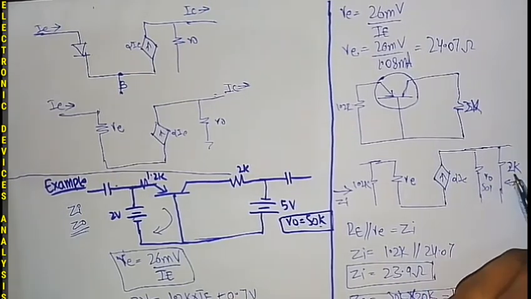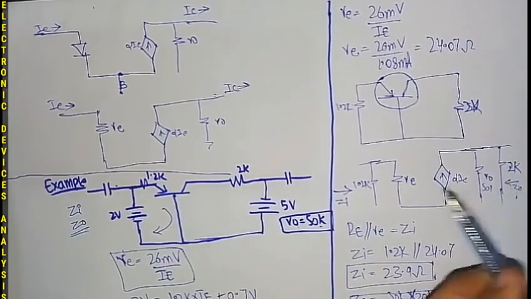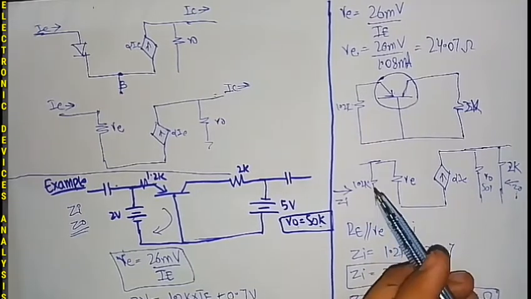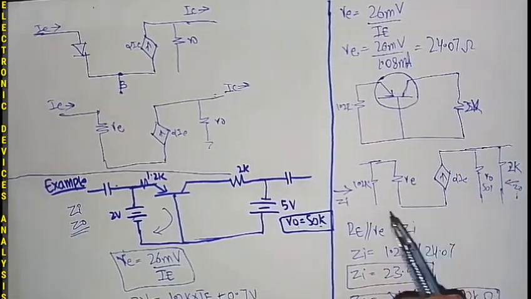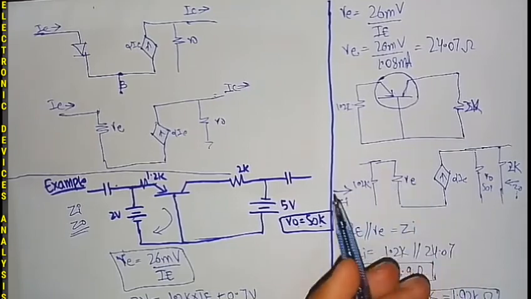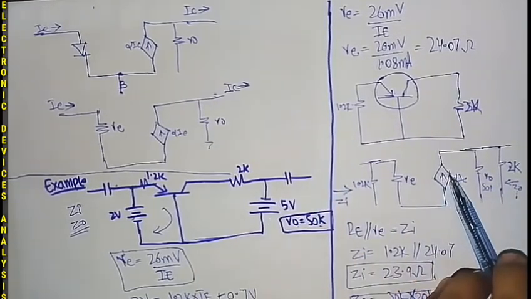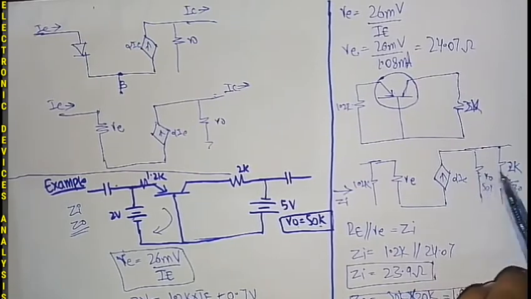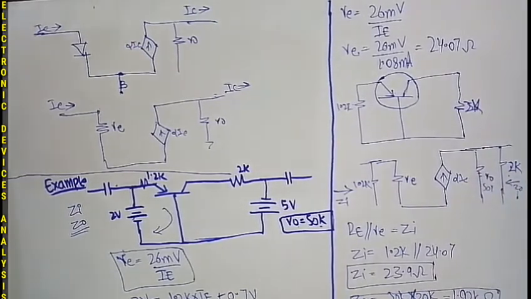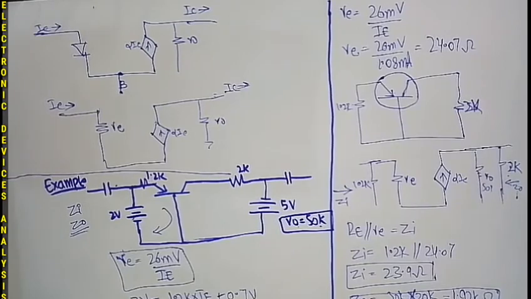Because when you calculate the value of Zo, you have to zero the input signal of the transistor. If you zero or turn off the input signal of the transistor, this dependent source will not work. Therefore we will take the value of these two resistors which are in parallel with each other. So therefore the Zo value will be calculated from this branch.